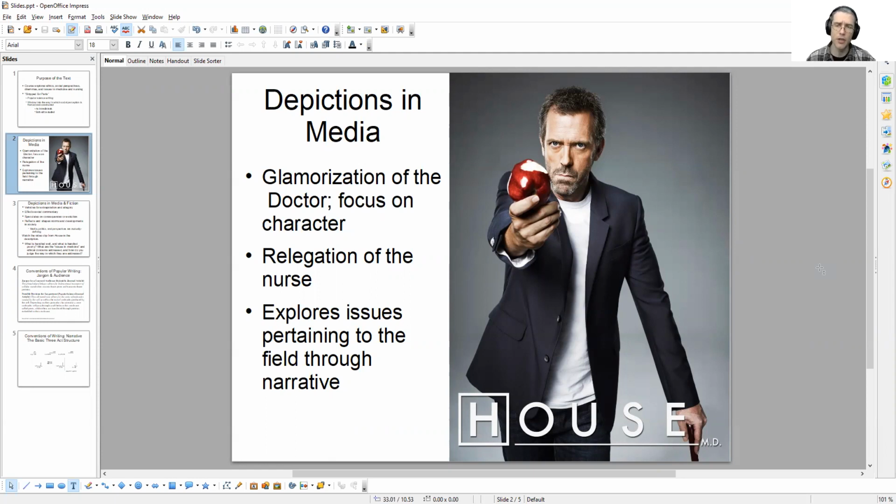In the context of this show, we have a depiction of the medical community and of the approach to the treatment and the diagnosis of ailments that is highly fictionalized, and yet it informs the public perception and consciousness of the way in which hospitals, doctors, and nurses in turn operate.